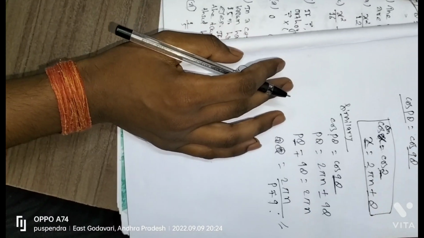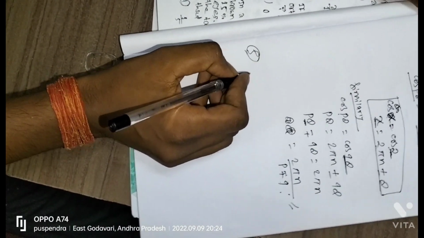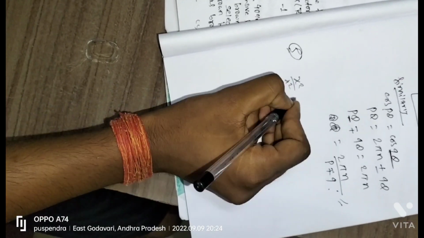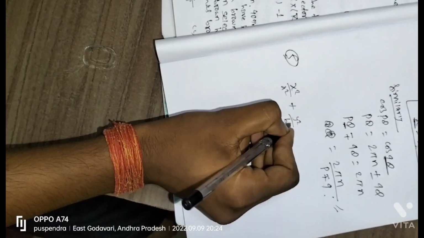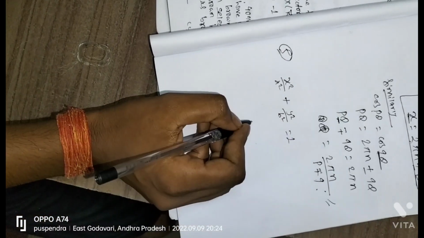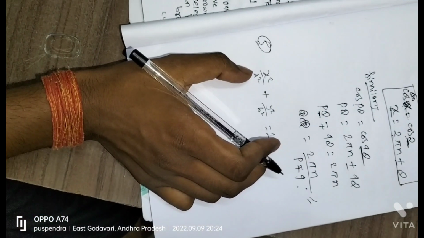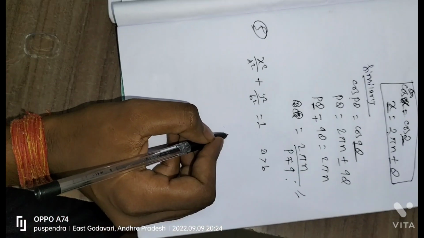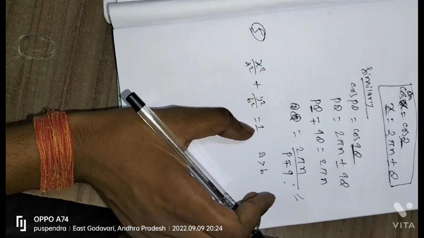What is the equation of the ellipse? First we will see x square by a square plus y square by b square equal to 1, when a is greater than b.